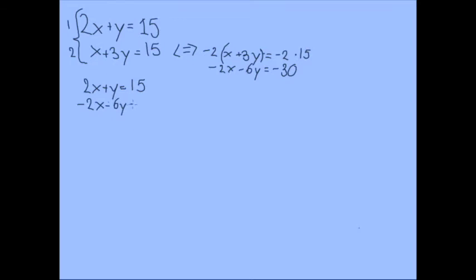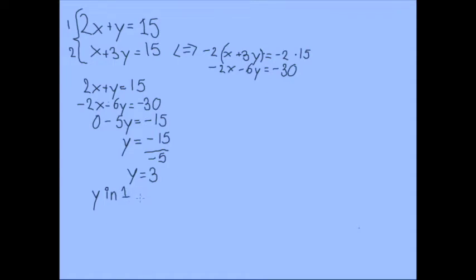Since we now have minus 2x and plus 2x in one equation each, they eliminate each other and we only get the y variable left. And then we get an easier equation and can without problem solve the equation for y. y equals 3. When we know what y is, we can just put it into one of the equations and solve it as any other equation.